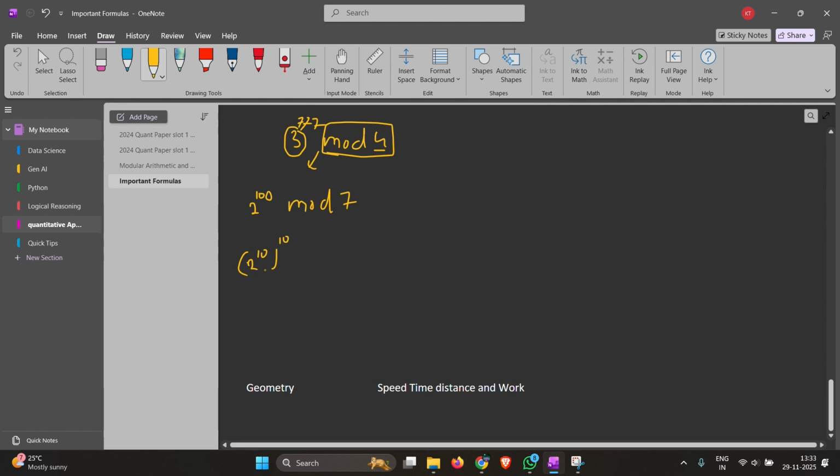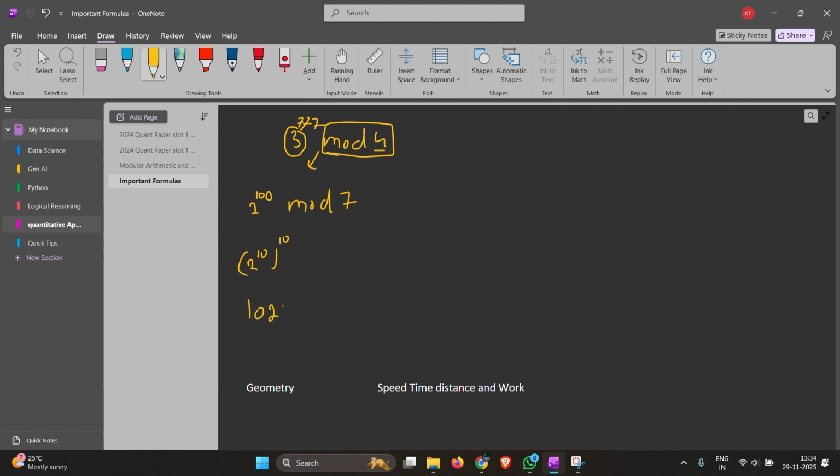And then 2 raised to 10 is nothing but 1024. So then you can find what the remainder would be if you divided 1024 by 7, which would be 2. So it again becomes 2 raised to 10.